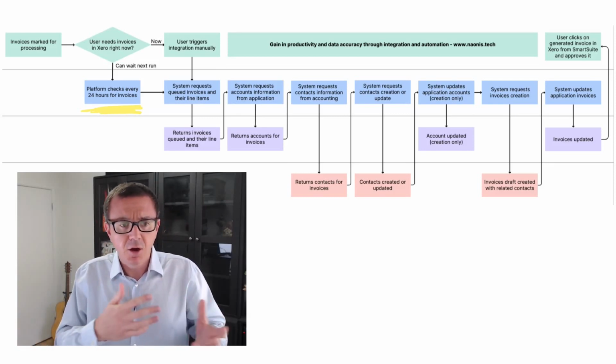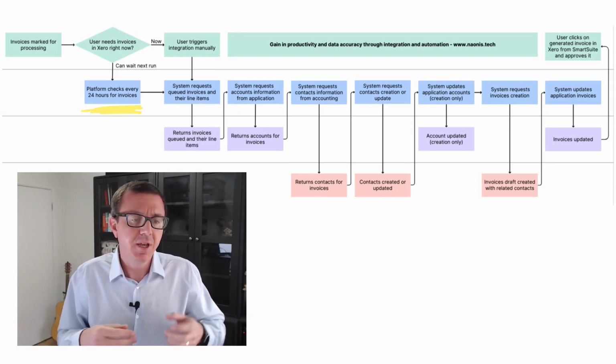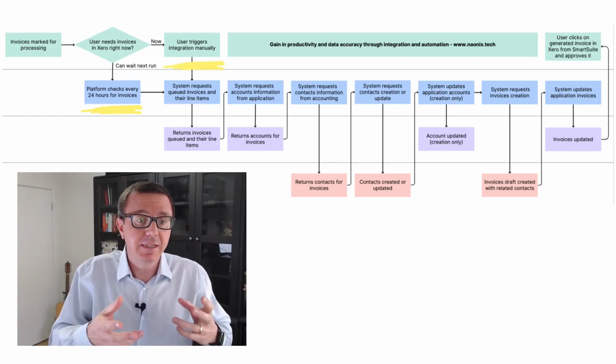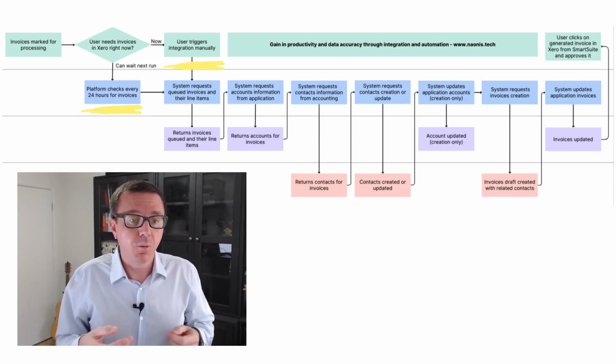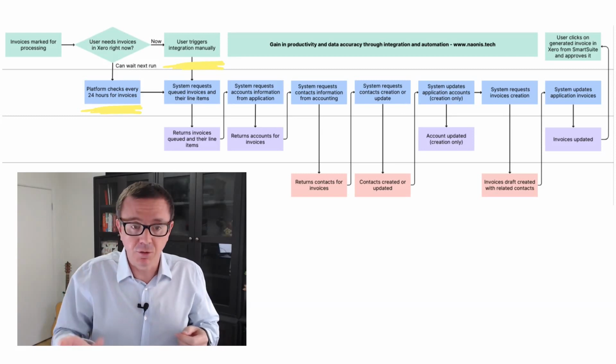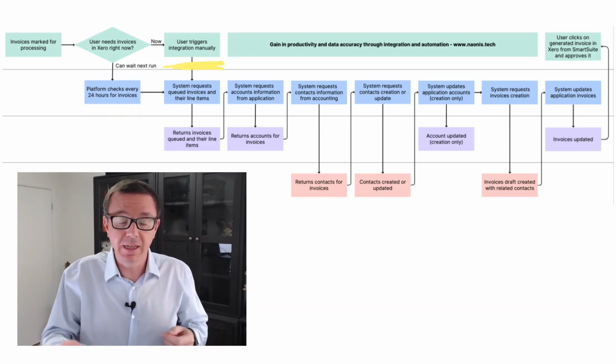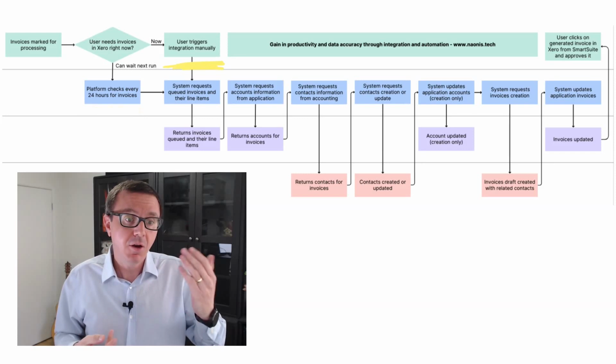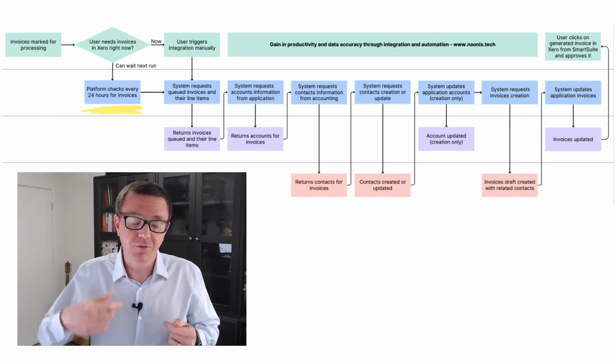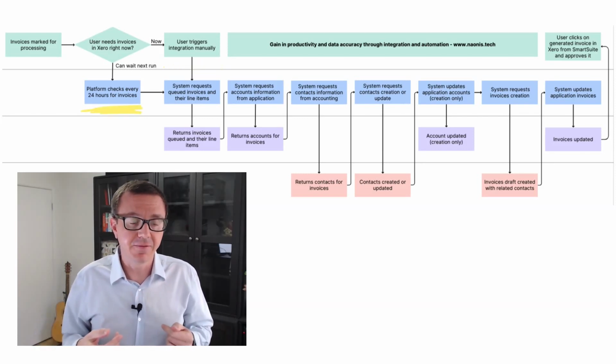Depending on the use case, there could be differences. In this case, both options are available, where we allow the users to trigger the synchronization manually if they need an invoice immediately, or we wait 24 hours for the generation of the invoice.